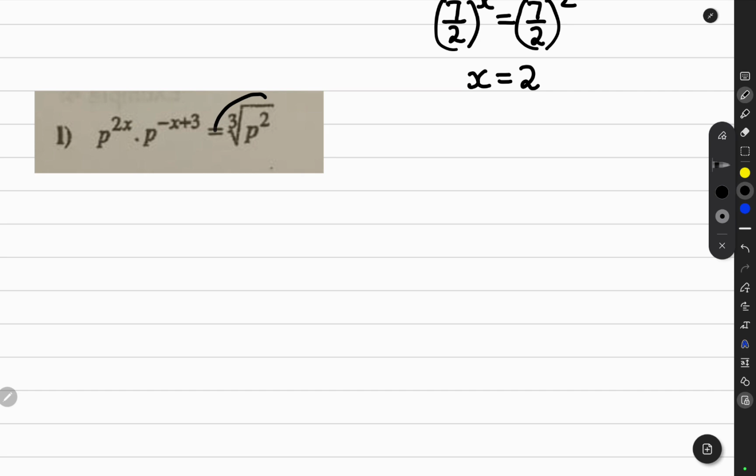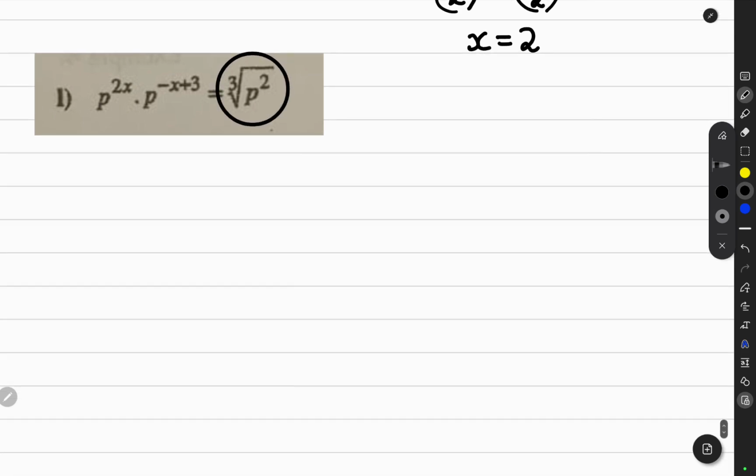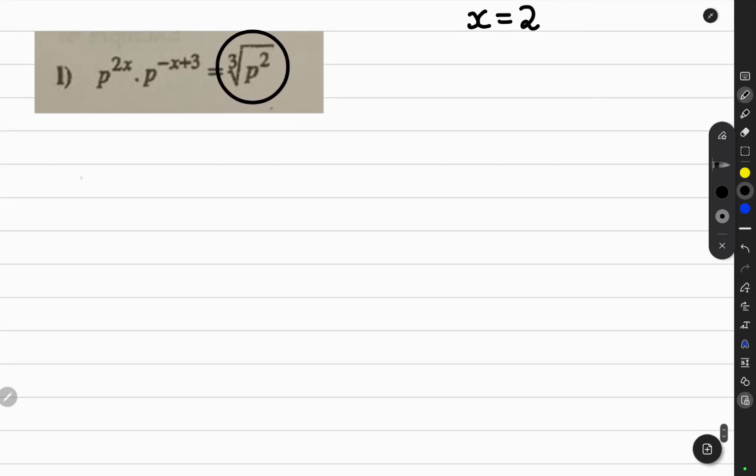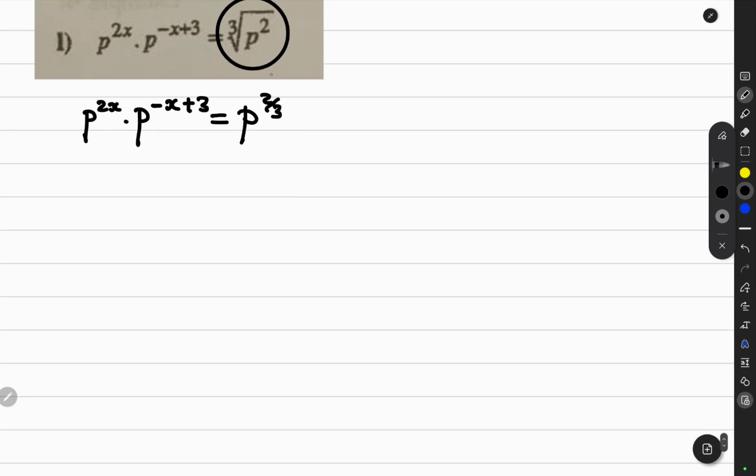The only challenge we have is this part, if you remember well. So this will be p to the power 2x dot p to the power negative x plus 3 equals p to the power 2 over 3. From there, on your left hand side, you're going to add the exponent.